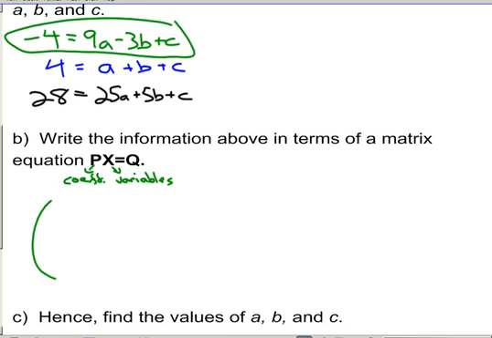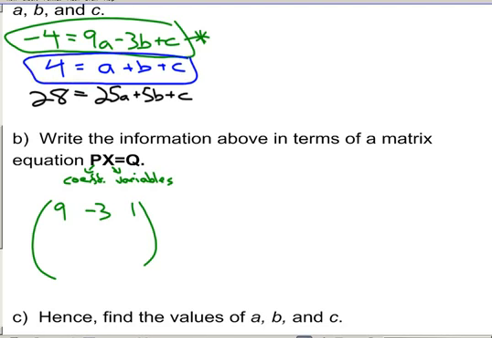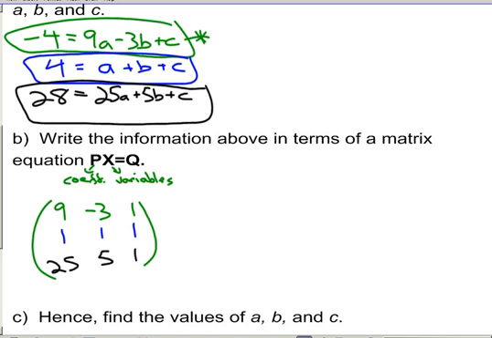So my coefficients in this first equation over here are 9, negative 3, and that's 1c, so a coefficient of 1. Go with my next row. I have coefficients of 1 for a, 1 for b, 1 for c. Finally, last one, I have coefficients of 25, 5, and 1.